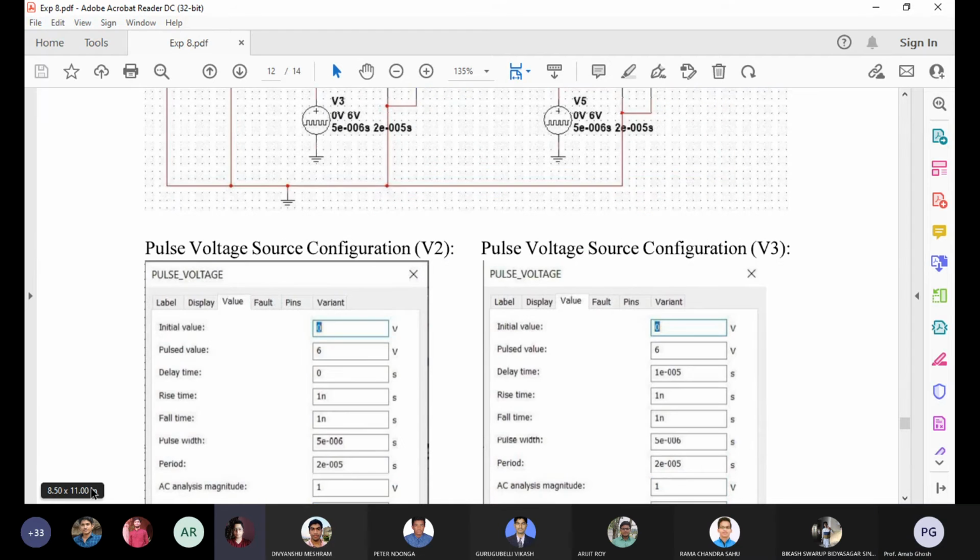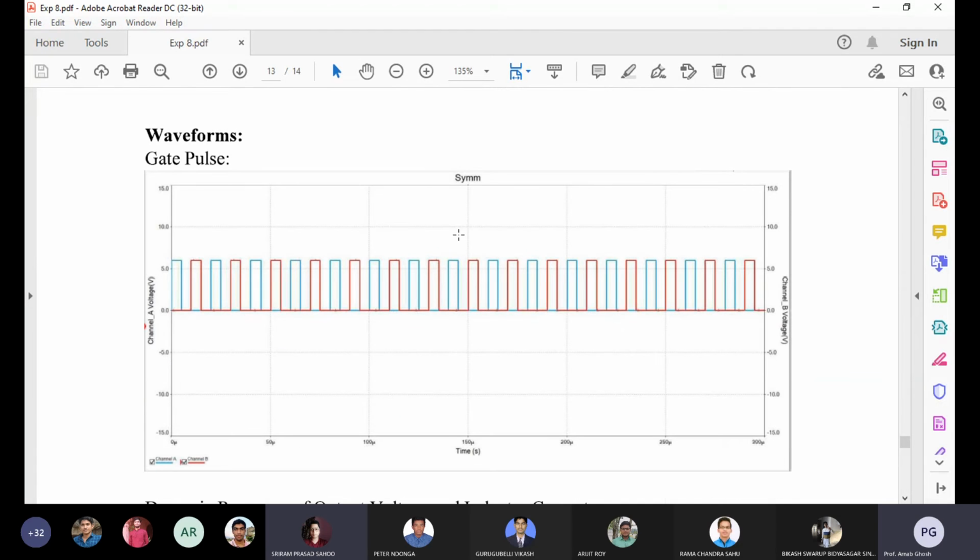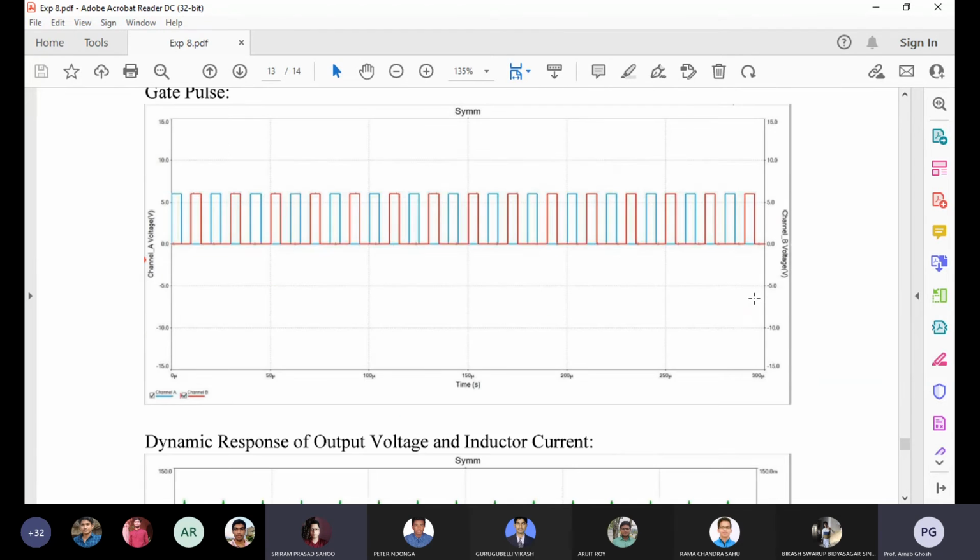And here we can see the gate pulse waveforms. All the gate pulses are there. Here we can see two legs, and the switches work diagonally. The diagonal switches conduct with the same gate pulse, and the rest of the diagonal switches are applied with a phase shifted gate pulse.